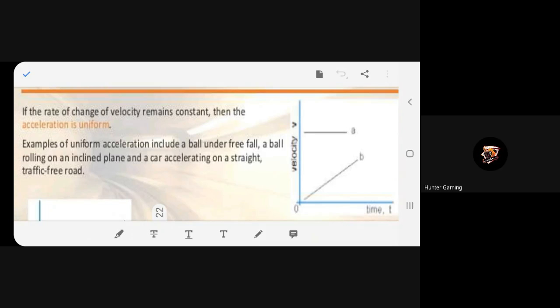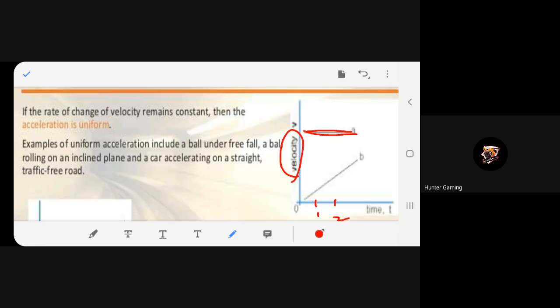Now, what does this suggest? Can you explain? For example, let's see the graph. Can you see this line going straight? The rate of change of velocity is constant. Time could be 1 hour, 2 hours, 3 hours, 4 hours.